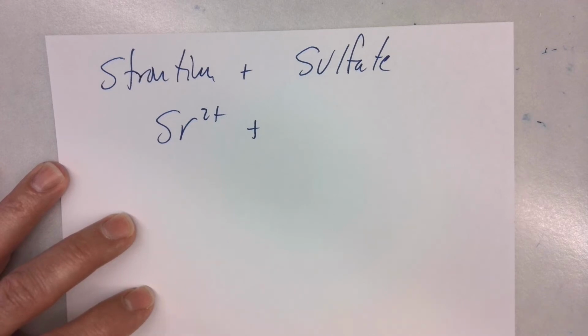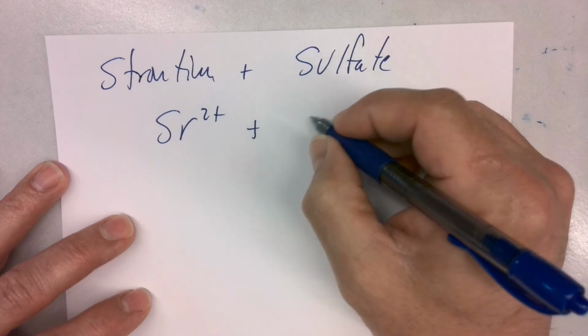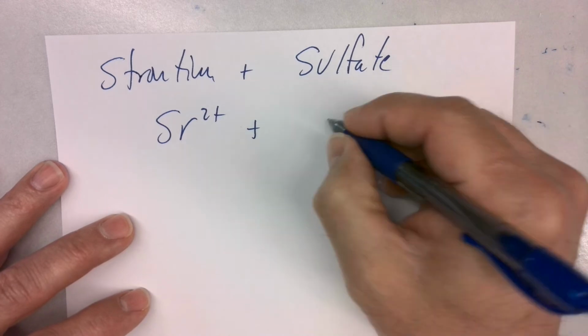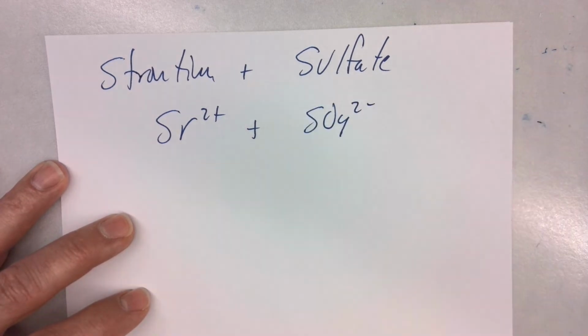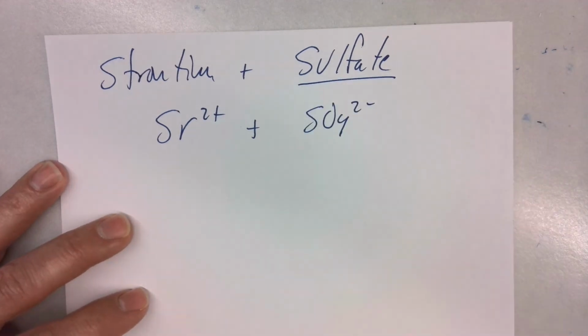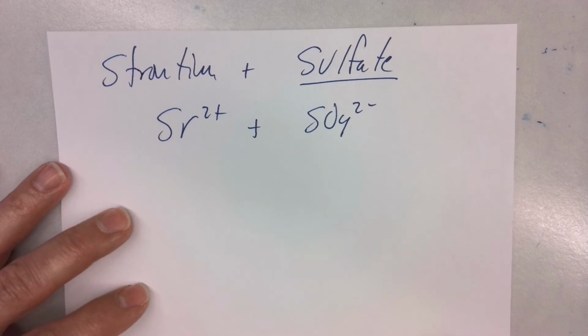SO4 2 negative. Because remember, it's one of those polyatomics. I hope you have that chart still. That'll come in handy.